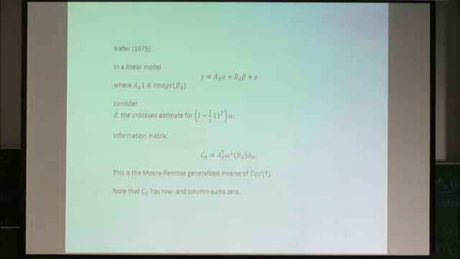And the alpha hat is the estimate for this thing. And the information matrix then is the Moore-Penrose generalized inverse of the covariance of this alpha hat. And you should note that this matrix has row and column sums 0.